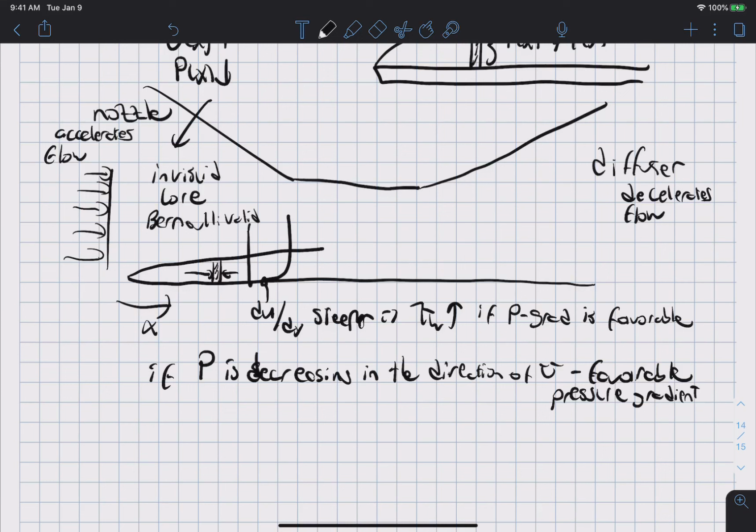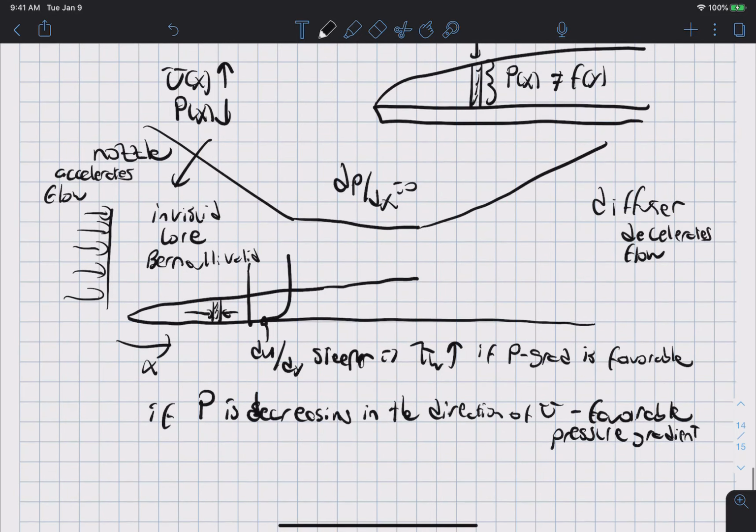Okay. Now, in this region here, dp/dx is equal to 0. Let me fix that. dp/dx is equal to 0. So here the boundary layer just grows as it normally does. Now, in this region here, we are increasing the area in the direction of the flow, and if we assume incompressible flow, then what happens is U of x decreases as x increases.